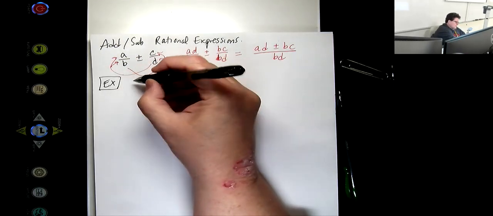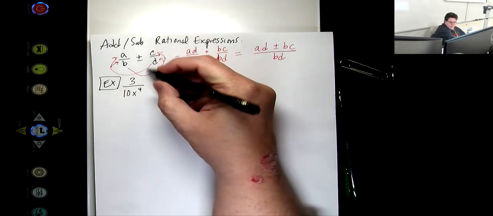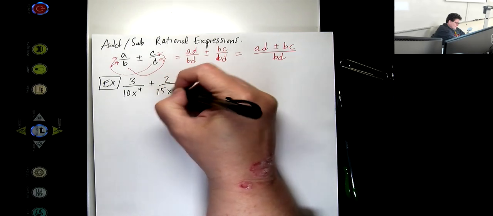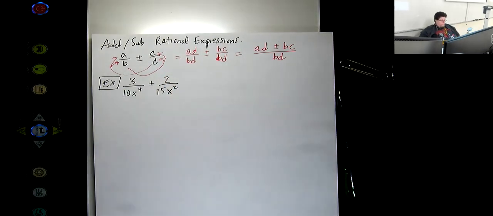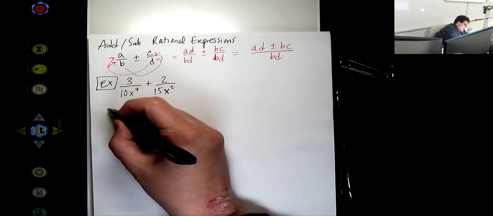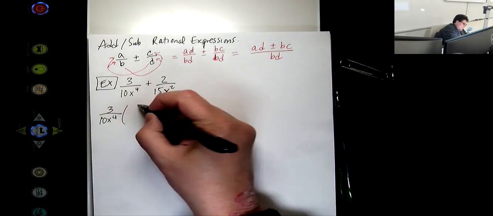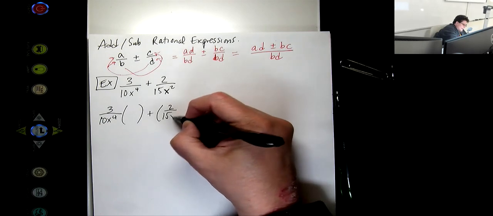We're going to look at 3 over 10x to the fourth, and I'm going to subtract 2 over 15x squared. So I know if I want to get a common denominator, I'm going to need to multiply this one by something, and I'm going to need to multiply this one by something.